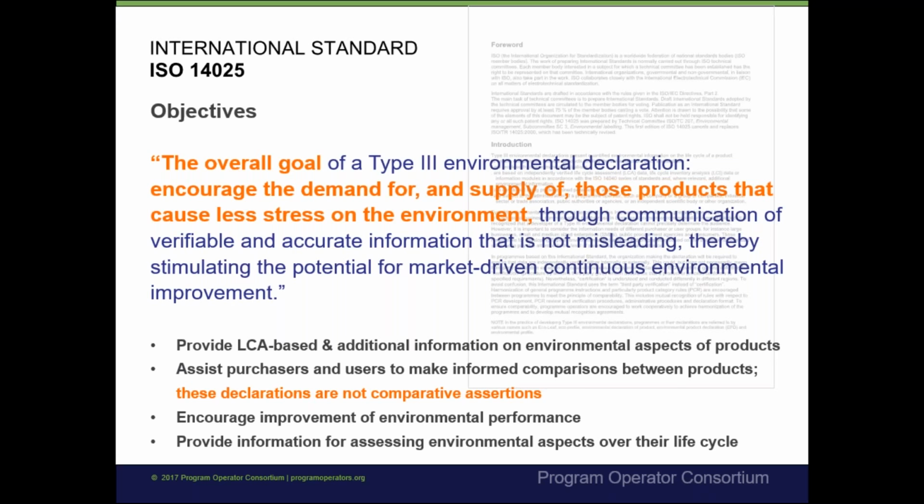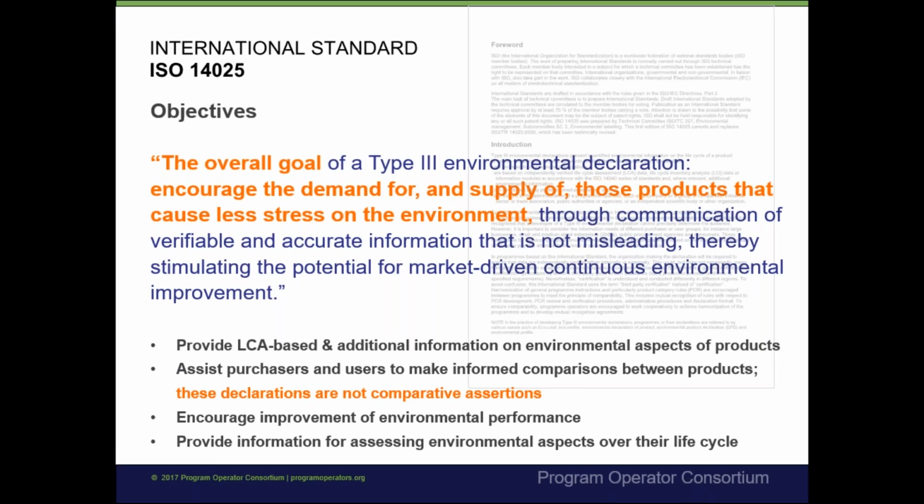So it is intended to help manufacturers through this reporting process create preference for their products that they can credibly demonstrate are higher performing and continuously improving. The sub-bullet points here are to substantiate that improvement through providing LCA-based information and additional information about the environmental aspects of products.